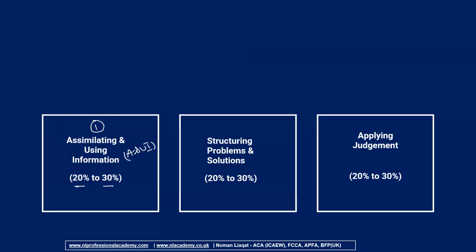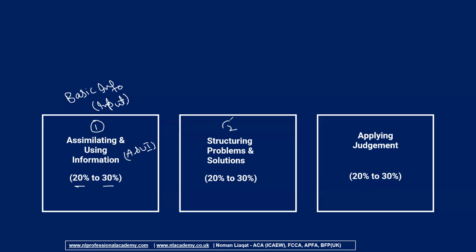You just need basic information that you need to input. For example, taking up some numbers, preparing the appendix, just writing up some basic numbers or basic calculation in your research report. That is basically about assimilating and using information.